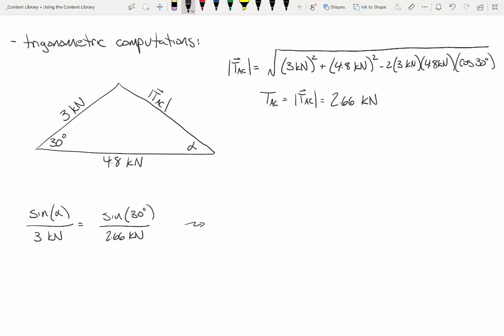So we can put that over here and say that the sine of alpha is the sine of 30 degrees times 3 kilonewtons over 2.66. And if you want, you could calculate all of that, or you could say that alpha is the inverse sine of all of that.